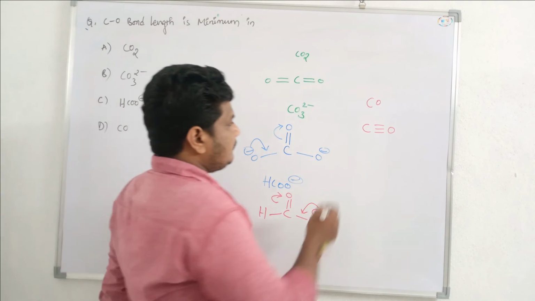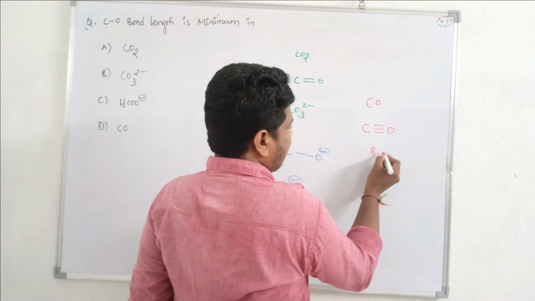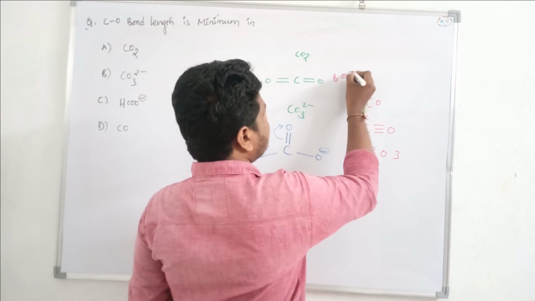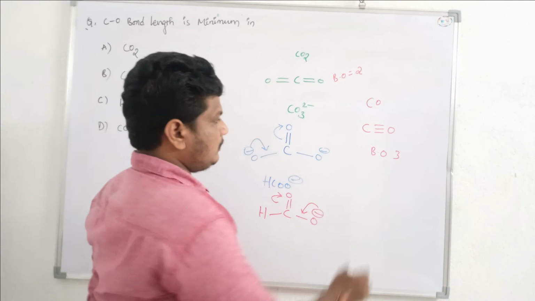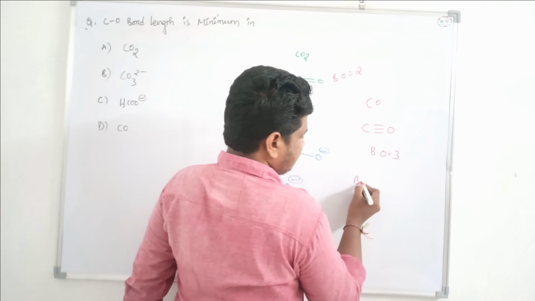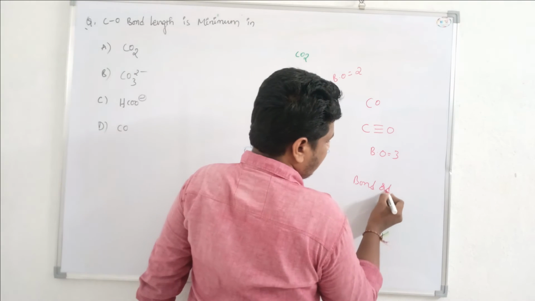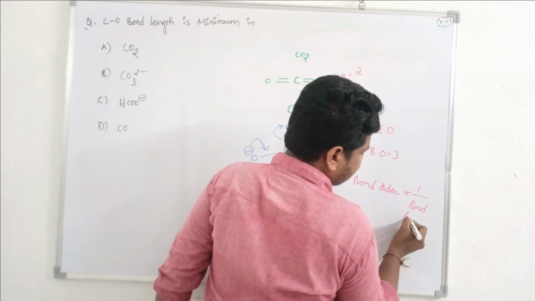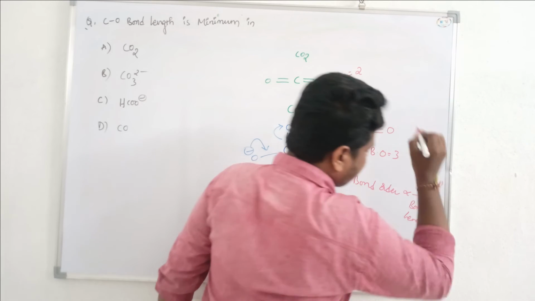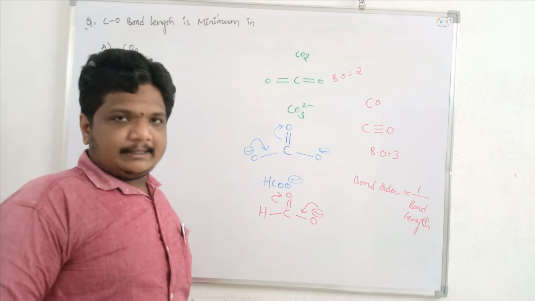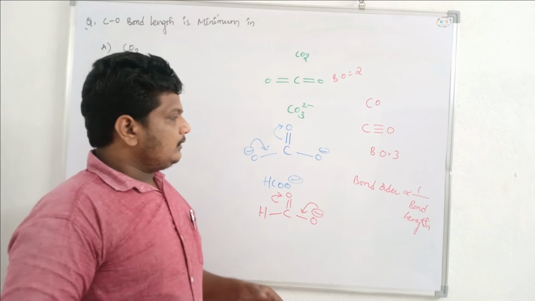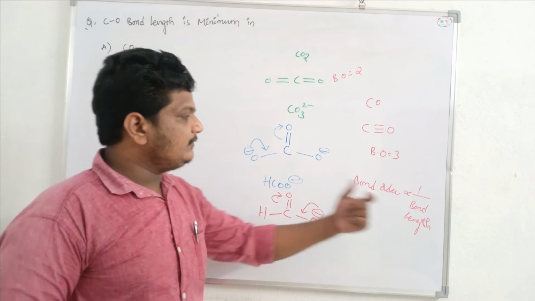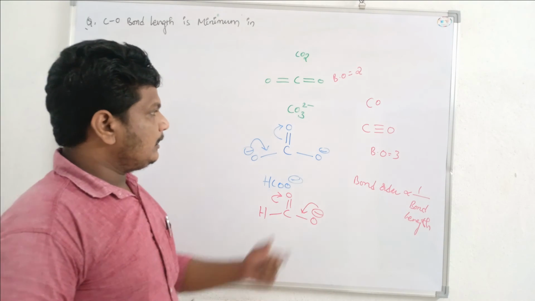Here the bond order is 3, and in the case of CO2, the bond order is 2. Okay, so bond order is inversely proportional to bond length. So if the bond order increases, bond length will decrease.